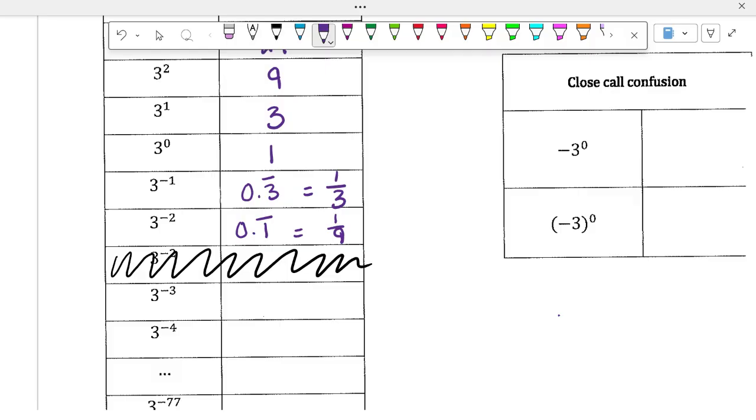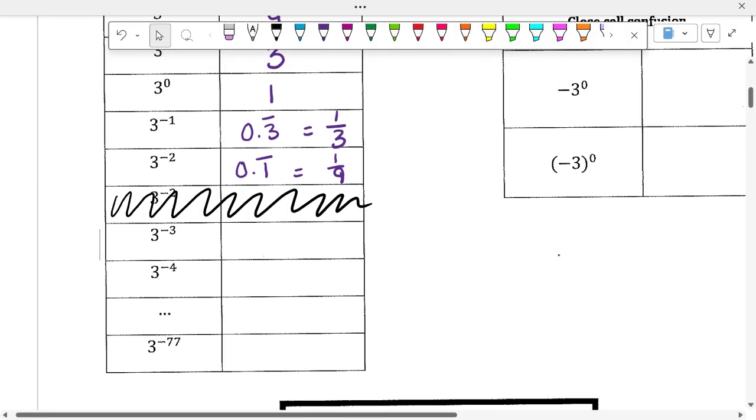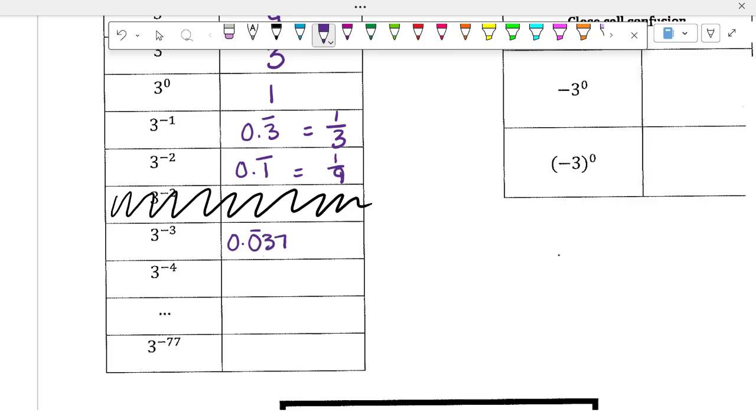All right, put 3 to the negative 3 in the calculator. Tell me what you get as a decimal and as a fraction. So 0.037 repeating. What is that as a fraction? 1/27th. Good. And then finally, 3 to the negative fourth.